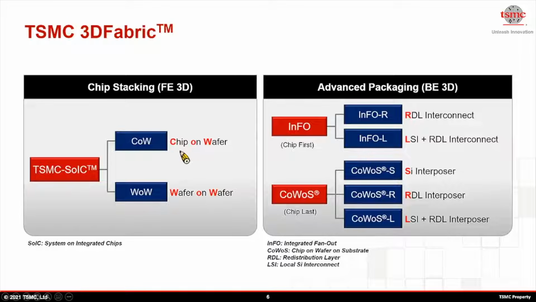InFO-R stands for RDL interconnect, whereas InFO-L, which adds LSI to the RDL interconnect to enhance the bandwidth of the interconnect. And same thing for CoWoS, which is for chip last.